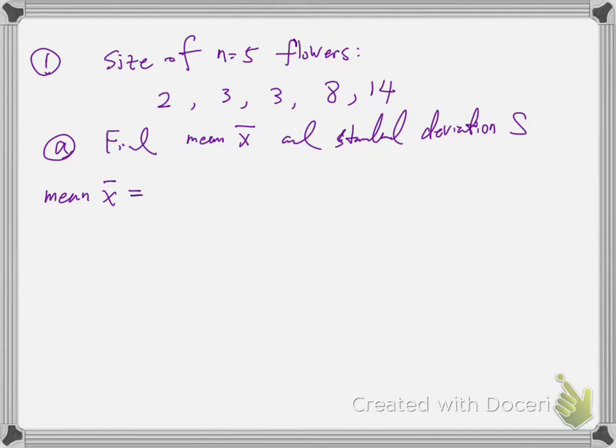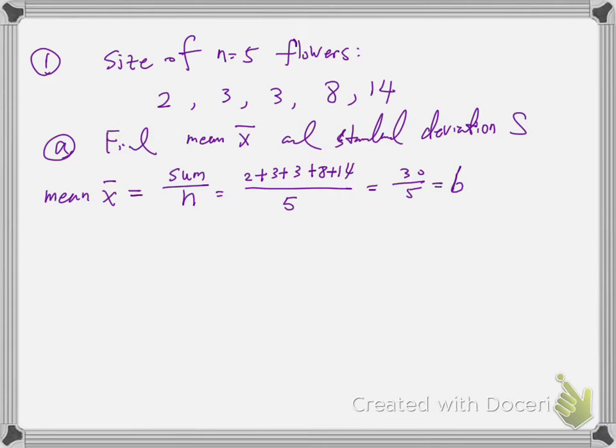The formula is sum over n, so you just add all the given numbers. You're adding 5 numbers, so n is 5. The sum on top is 30 divided by 5, so x bar is 6.